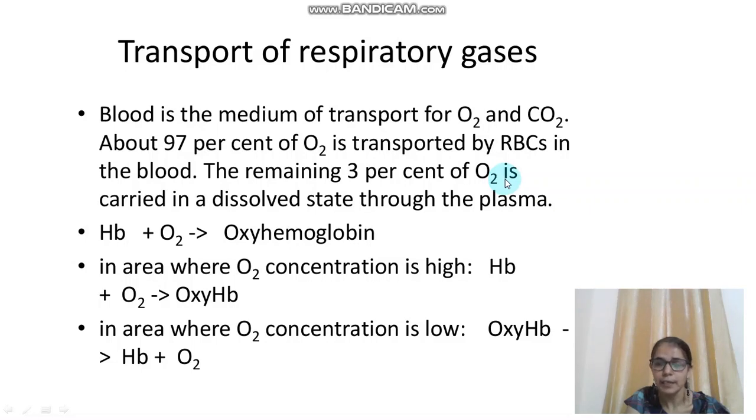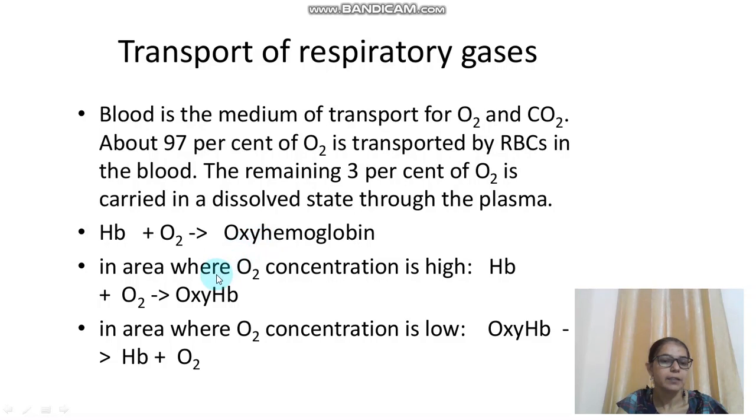So oxygen is transported in two ways by the blood: 97% by the RBCs and the remaining 3% in dissolved form through the plasma. As you know, the respiratory pigment in human beings is hemoglobin. This hemoglobin combines with oxygen and results in the formation of oxyhemoglobin.